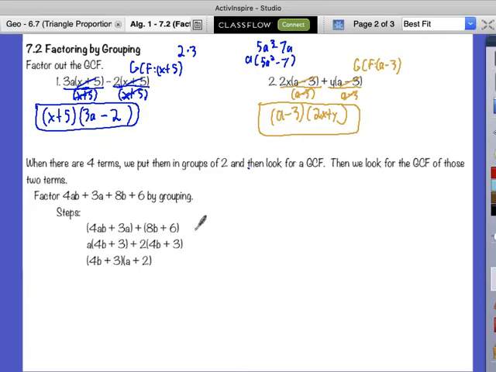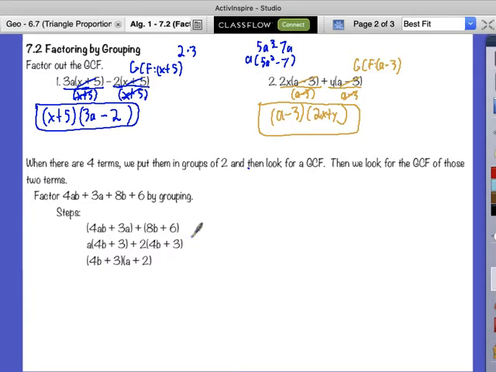Then we say, hey, wait, we're at the same point we were at with 1 and 2. Are we at the same point we were at with 1 and 2 in this step right here? Yeah, because we have 2 things multiplying together over here, plus 2 things multiplying together over here. And if we look here, do they have a common factor of 4b plus 3?